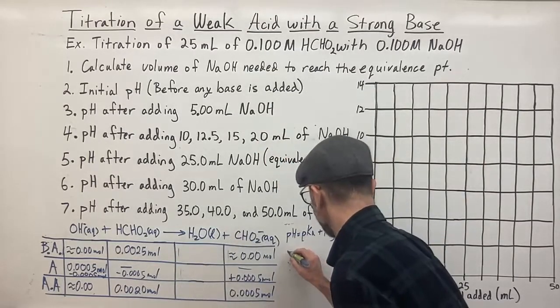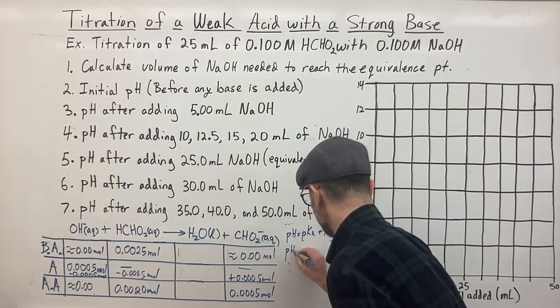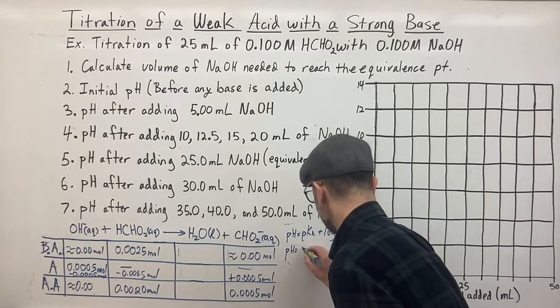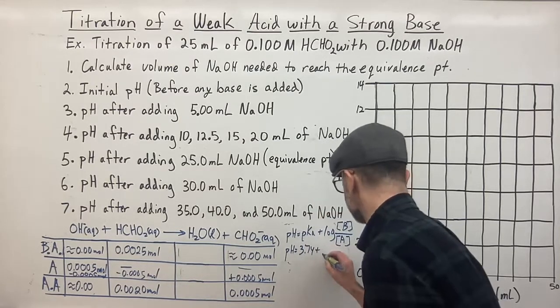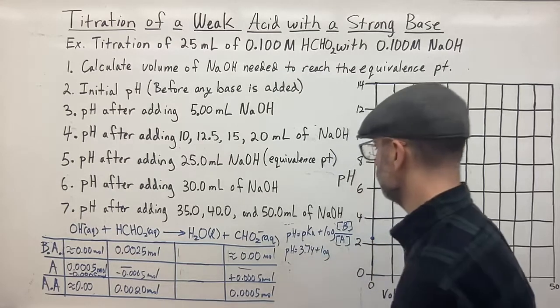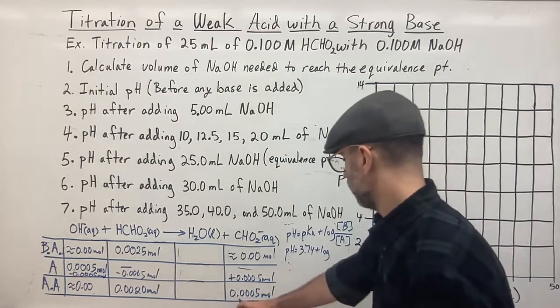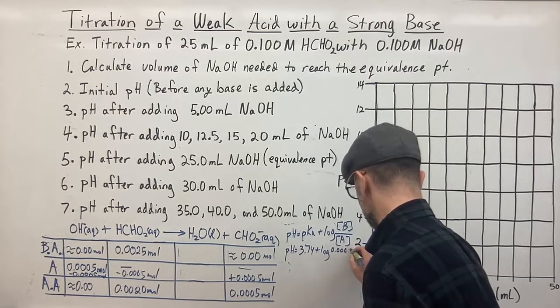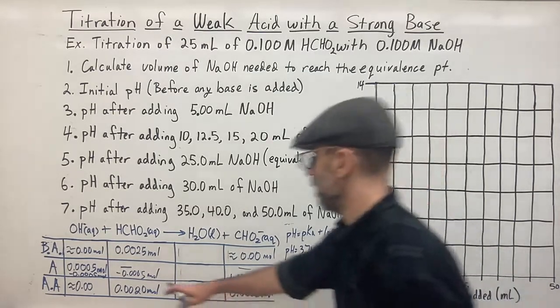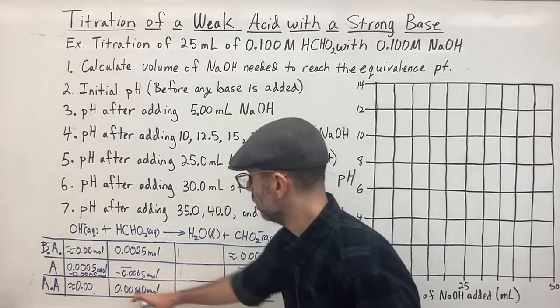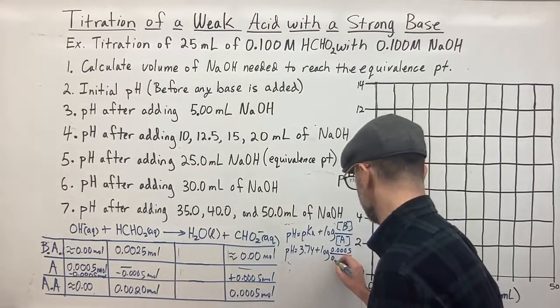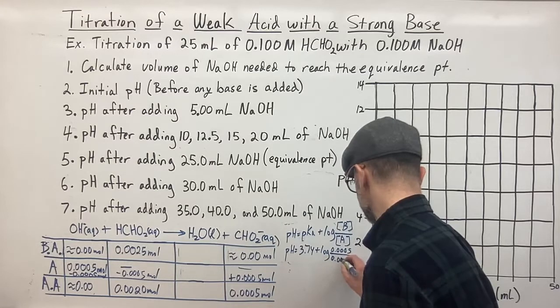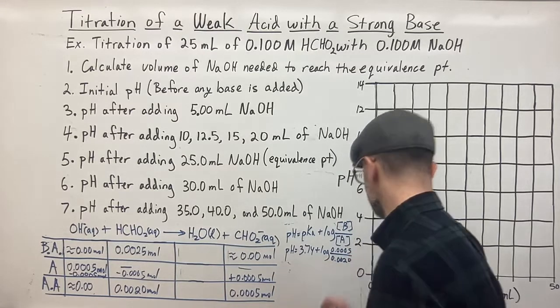So pH is equal to pKa, which is 3.74, plus the log of the base, which is going to be 0.0005, divided by the acid, which is 0.0020.